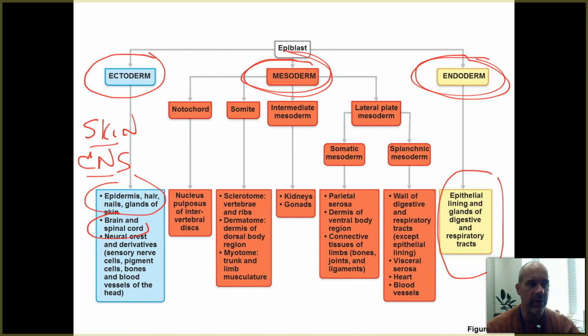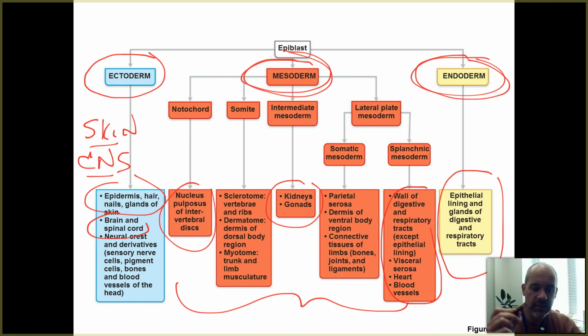So those cells in the middle layer go on to become all of the other structures that you see listed here, such as your intervertebral discs, the walls of your digestive and respiratory tracts, not those inside linings, those mucosal membranes come from endoderm, but the walls of those major organs come from mesoderm.